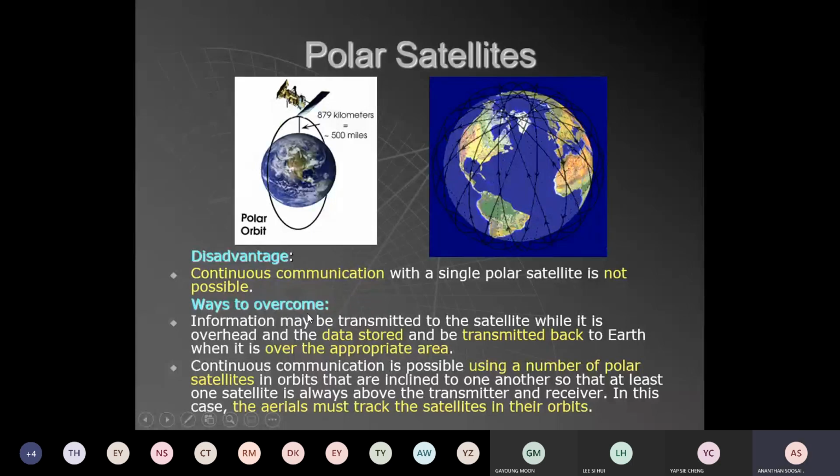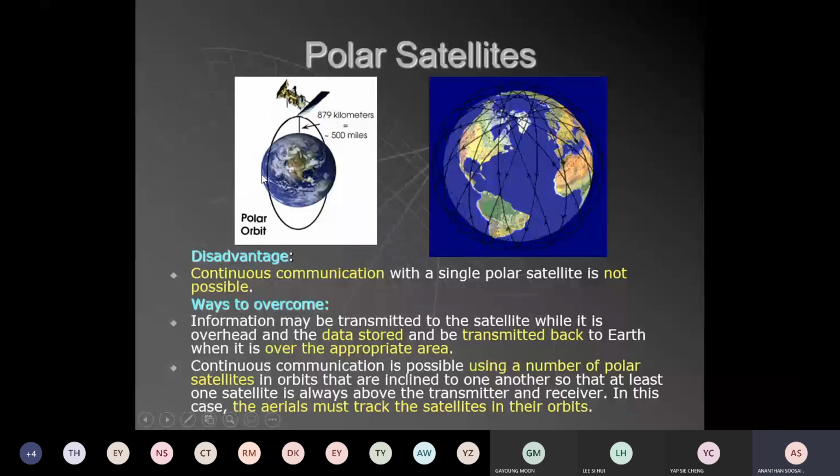Okay, how to overcome this and make continuous communication possible? You have maybe 100 or 1,000 polar orbit satellites rotating over that region. When one passes by, another satellite will be on top of Brazil.